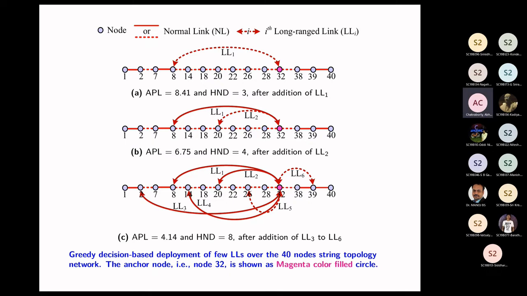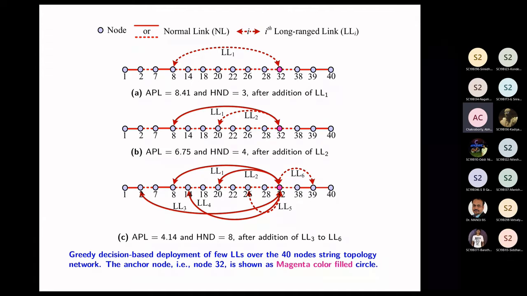Over time, one of these two nodes, either node 8 or node 32 in this 40 node network, will attract other links. Here we have shown it with node 32. It may also happen that if the second link connects node 8 with some other node, then the next link will also be attracted by node 8, not by node 32.